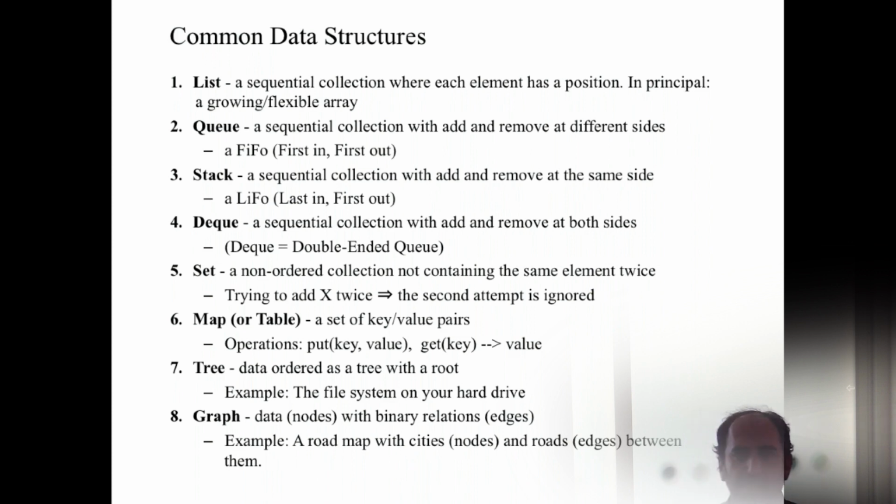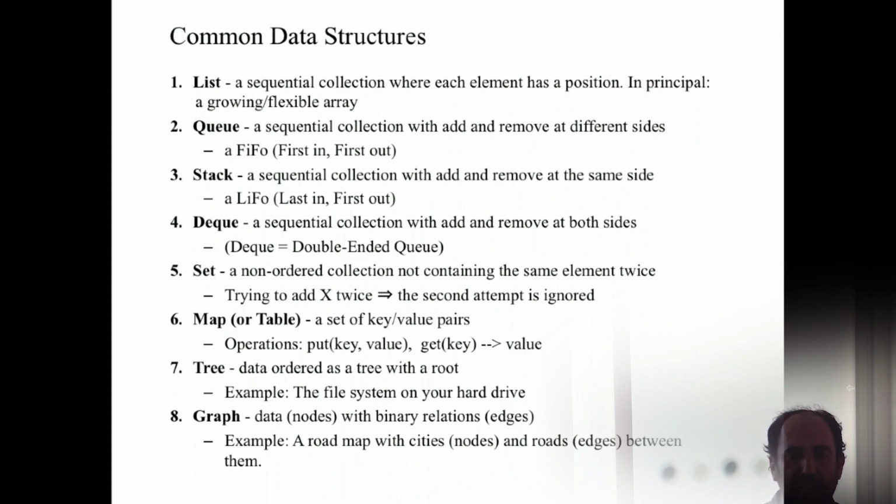And the queue is for when your application wants a behavior where the data that is inserted first should be processed first. So first in, first out. For example, job applications for your CPU. For this kind of scenario, maybe we need a queue, first in, first out.